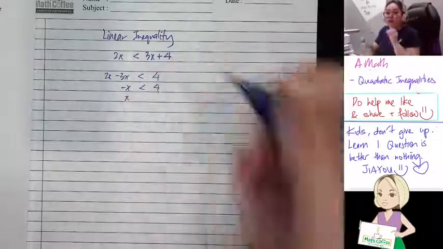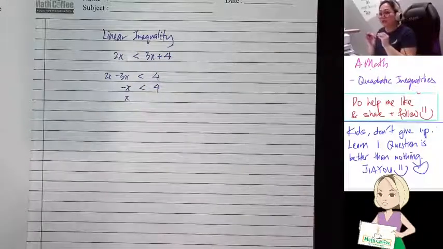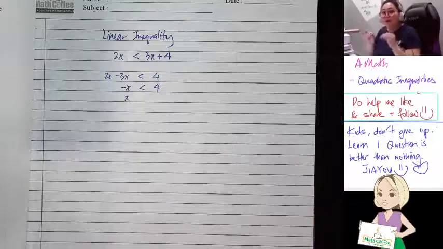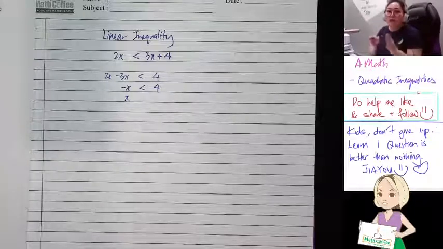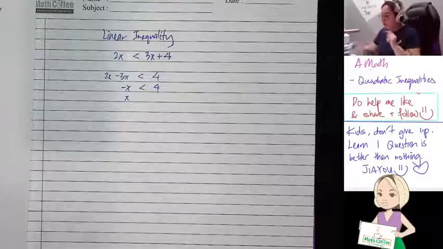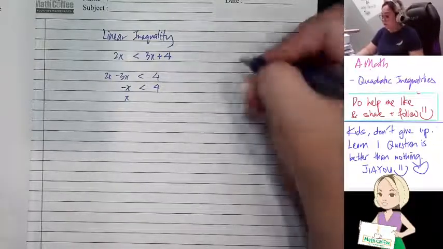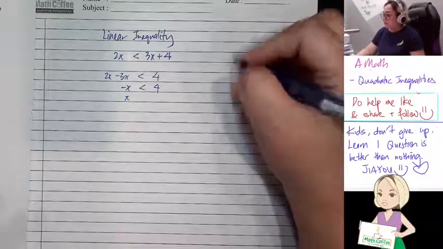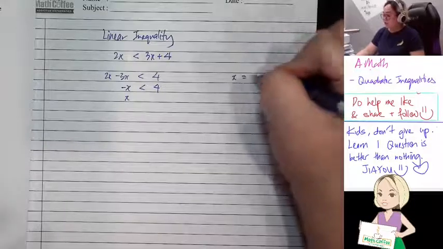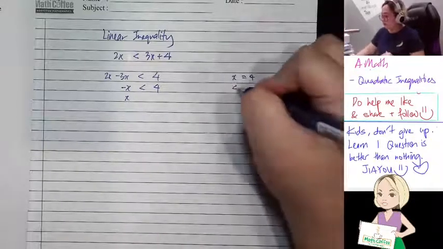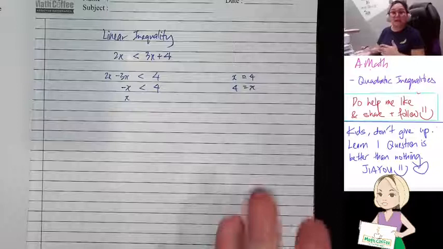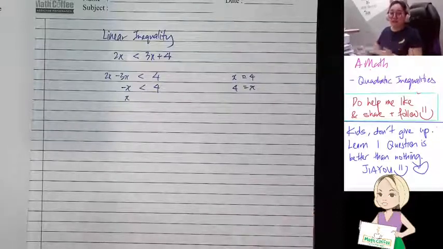So take note about linear inequality. When you divide by a negative number, you need to flip the sign. Because for a linear equation, it doesn't matter: when you write x equals 4 or 4 equals x, it's the same.